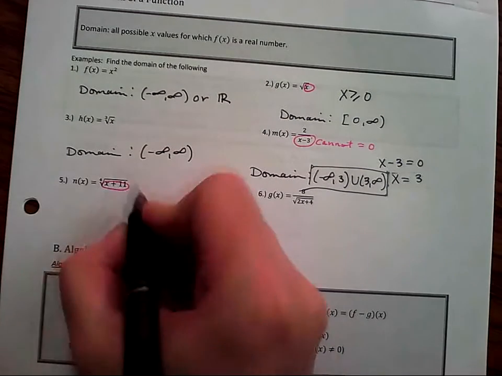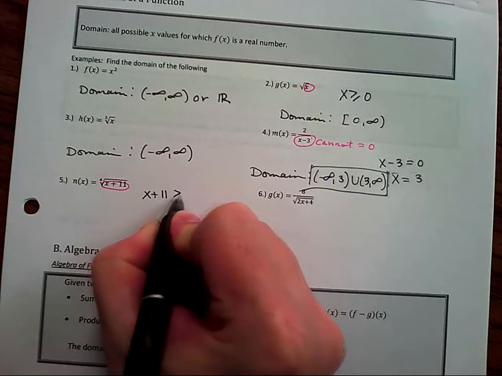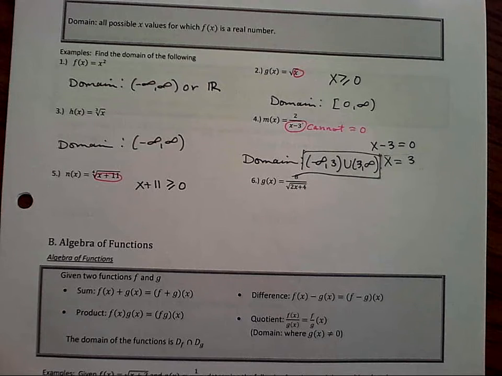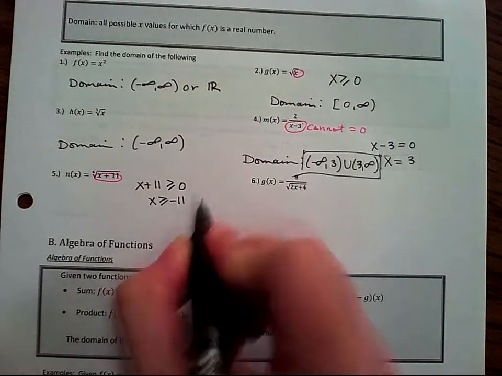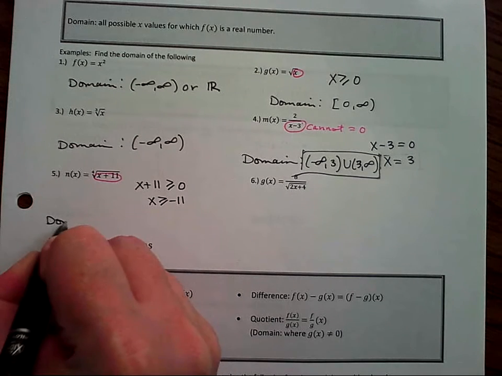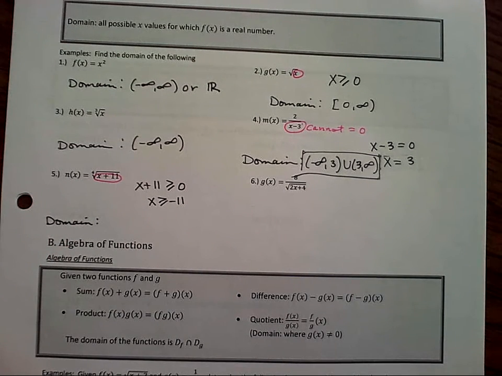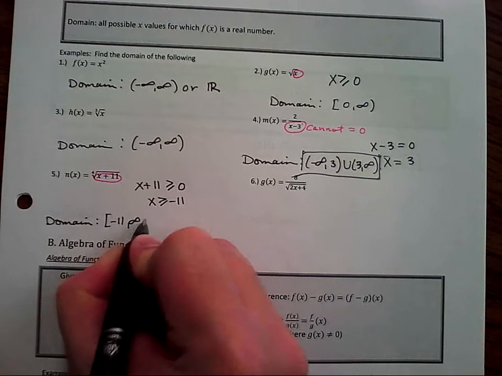So whatever's under the fourth root is greater than or equal to 0. So I'm going to subtract 11 from both sides, and I get x is greater than or equal to negative 11. So how do I write that in interval notation? Negative 11 to infinity.